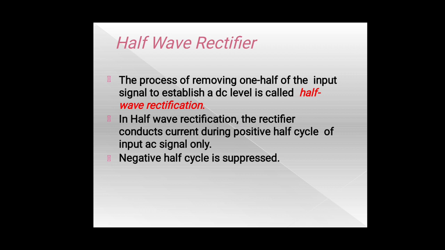In half wave rectification, the rectifier conducts current during the positive half cycle of the input AC signal only, and there is no current flowing during the negative half cycle. During the negative half cycle there is zero current flowing. The negative half cycle is suppressed.